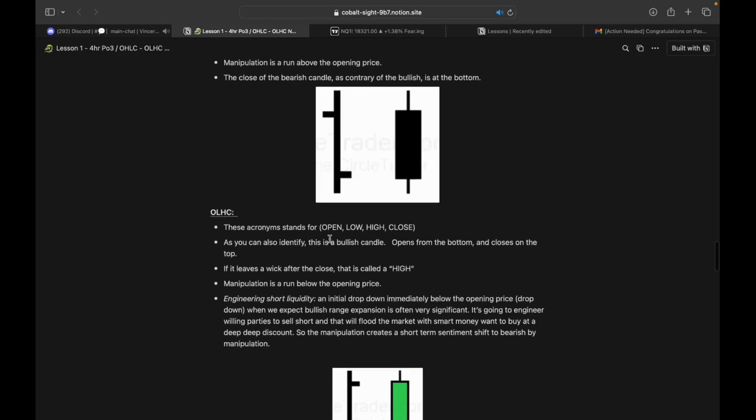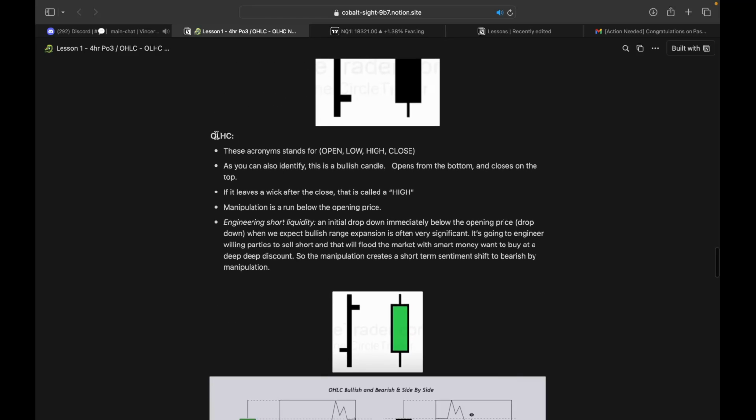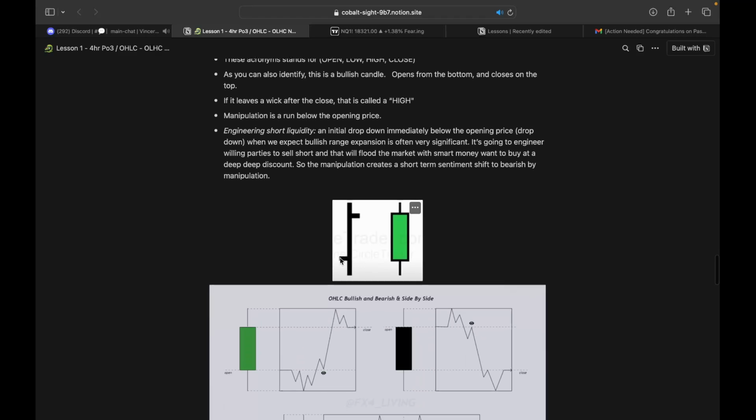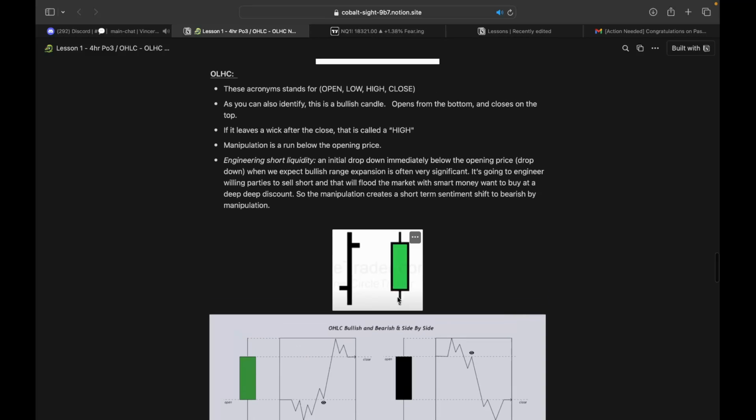Always note that. And then OLHC, these acronyms stand for open, low, high, close. So this candle opens at the bottom, manipulation below the opening price, followed by distribution, and then tends to close underneath the high, which gives you this.